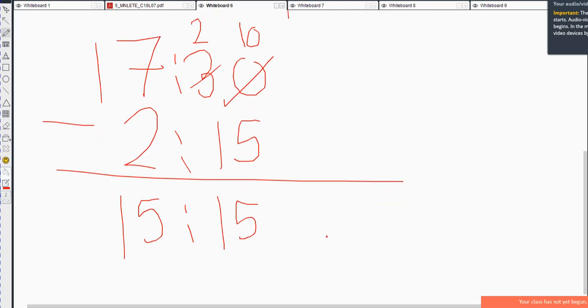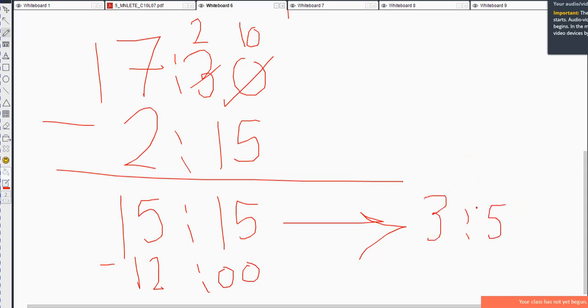So it will be 15:15. To get it in p.m., subtract 12 from it. 15 minus 12 equals 3. 3:15 p.m.